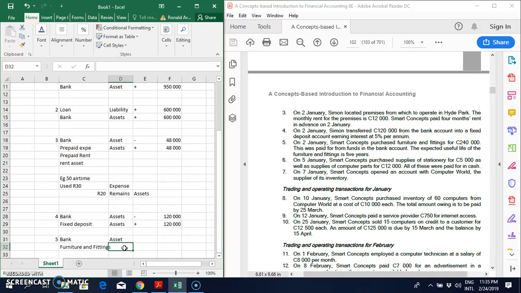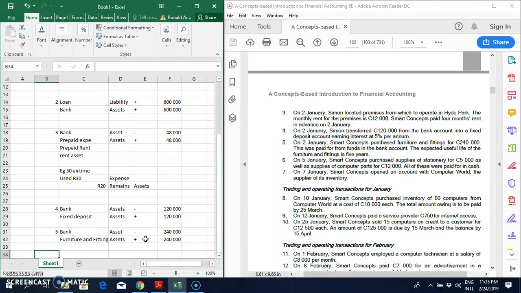So we must know the difference between what is furniture and what is equipment, not the same asset. So the bank account is decreasing because we paid 240,000 rand. Then we have the furniture and fittings account increasing because we purchased furniture with 240,000 rand.